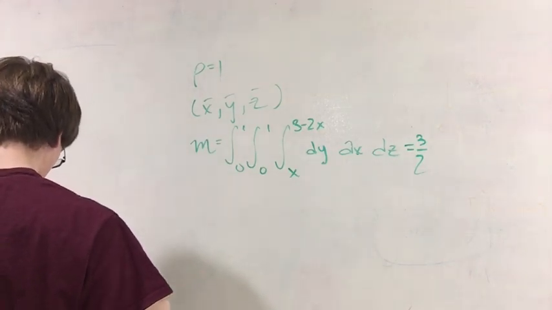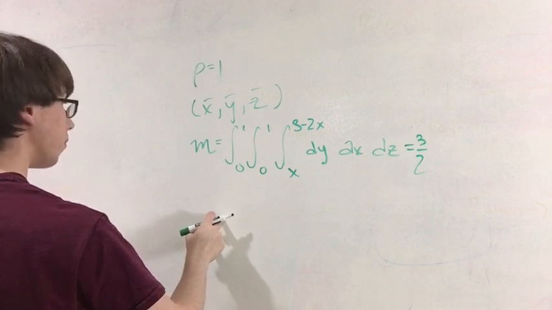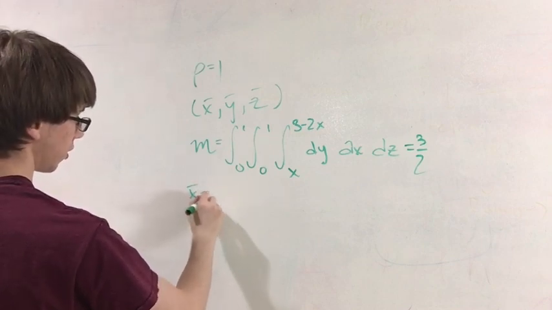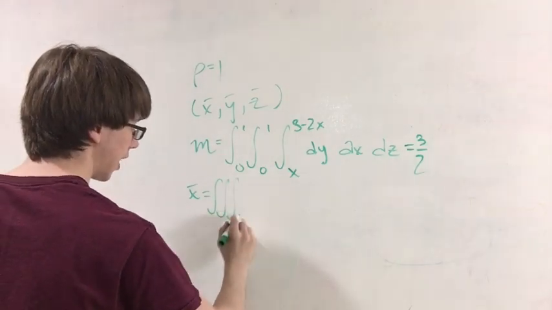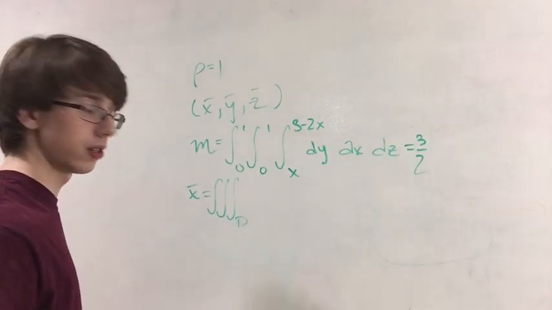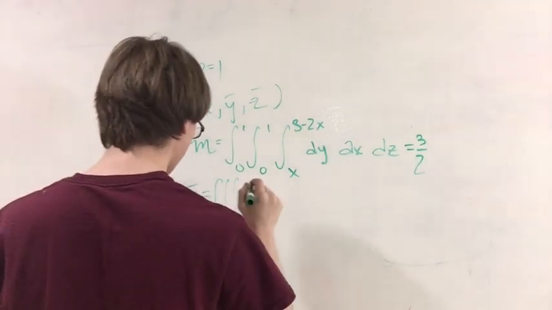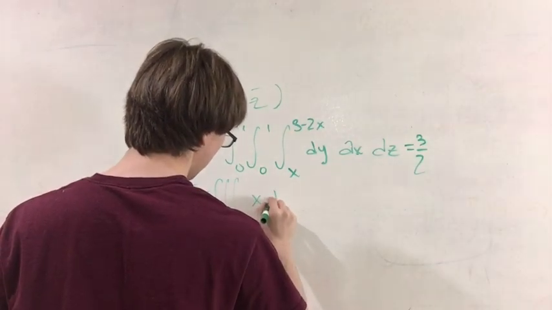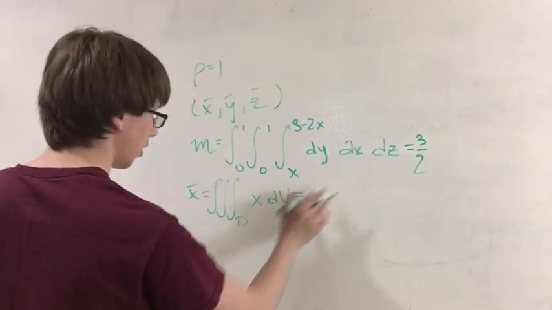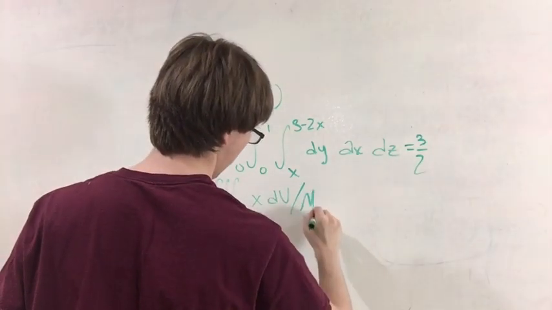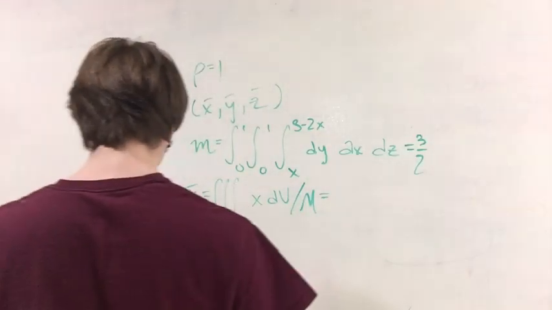The next one is going to be x bar. We're going to solve for our centers of mass. So I'm just going to leave this as D, our region, or three-dimensional space region, and that's going to be x dv because there's no density, and that actually divided by m, right? And that's going to evaluate to 1/3.